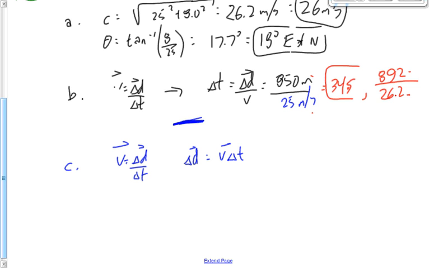If I want to find that displacement, what velocity do I have to use? The x velocity, right? Which was 8 meters per second. Whatever direction my velocity is in will be the direction of my displacement. If I want to find x displacement, I got to use x velocity. If I want to find y velocity, I got to use y displacement, and so on.